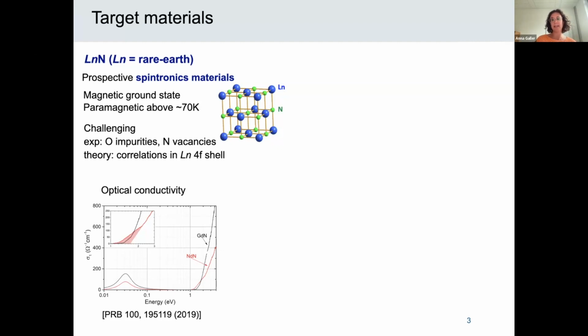And in theory, it's mainly the strong electronic correlation effects in the rare earth 4f shell, which require methods beyond density functional theory. And here at the bottom, you can see a recent measurement of the optical conductivity in neodymium nitride and gadolinium nitride. So this is my first class of target materials.